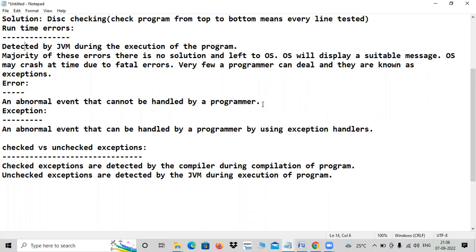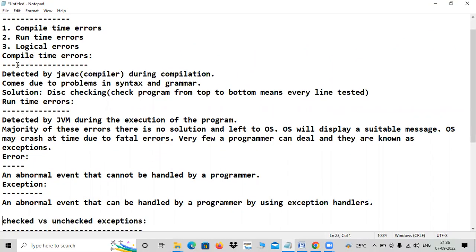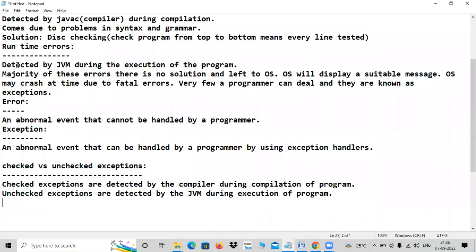Last one, logical errors, a very simple one. Logical errors are neither detected by the compiler nor by the JVM. Then who will detect?